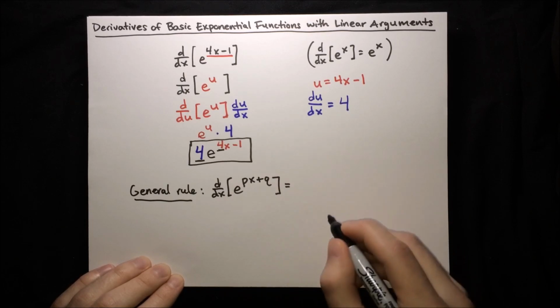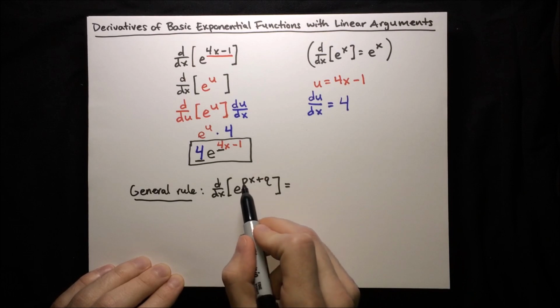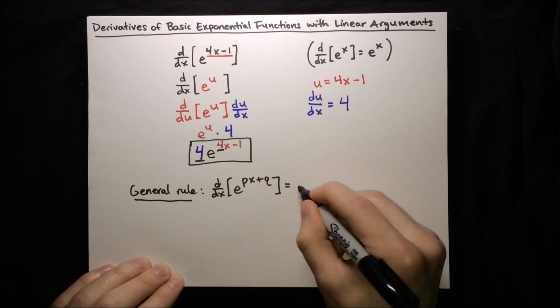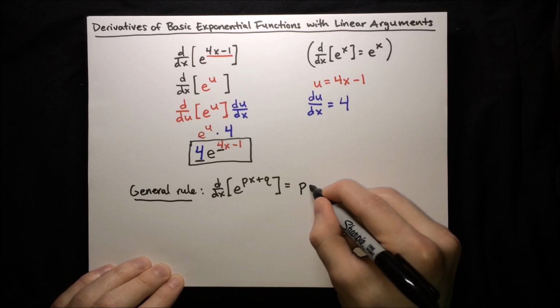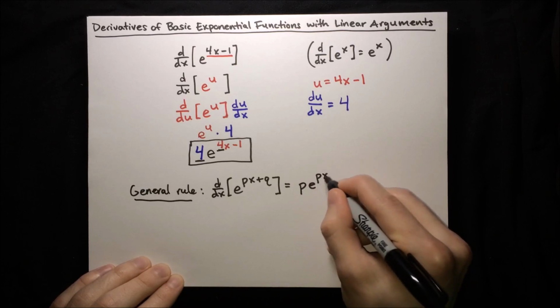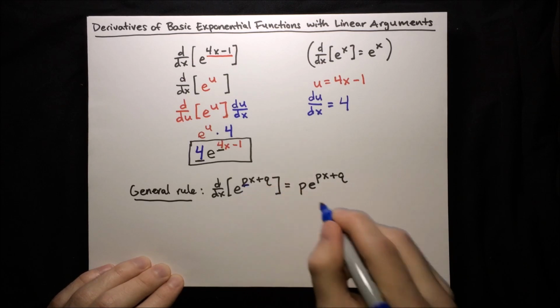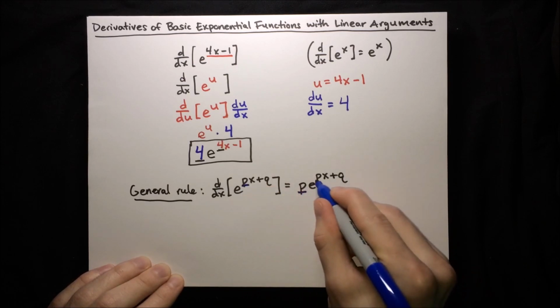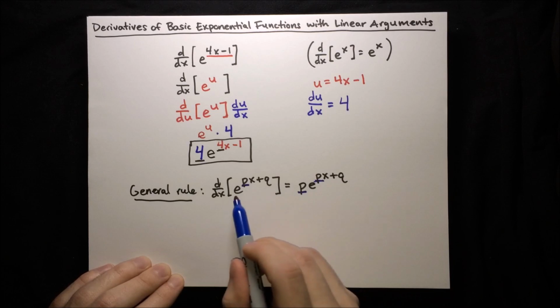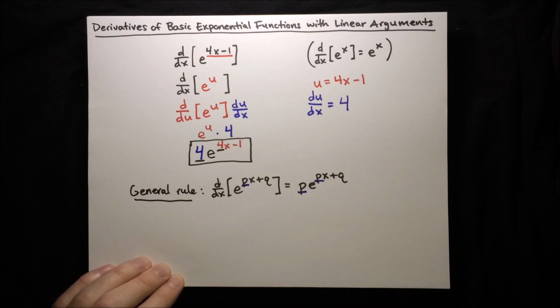The result is that we just take that coefficient on the x, the p, and move it in front of the e. So it becomes p times e to the px plus q. So that coefficient on the x just gets moved in front of the e and ends up multiplying the existing e to the px plus q.